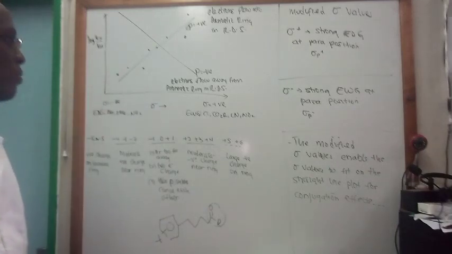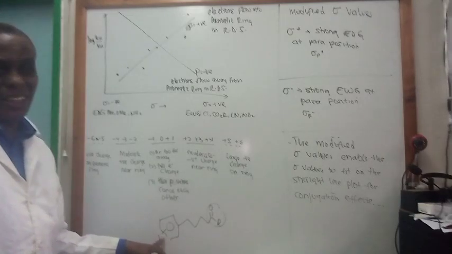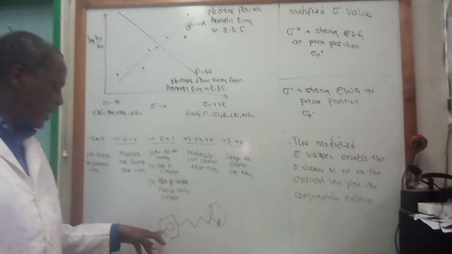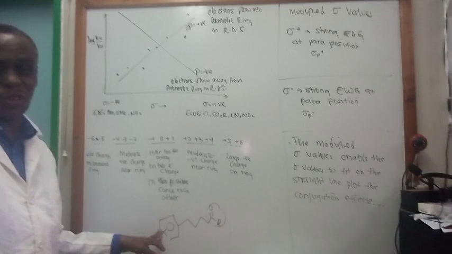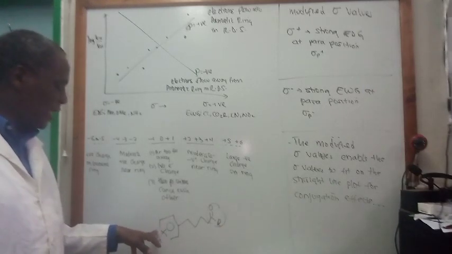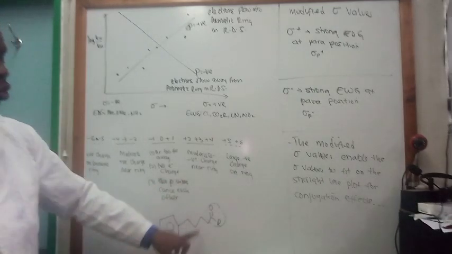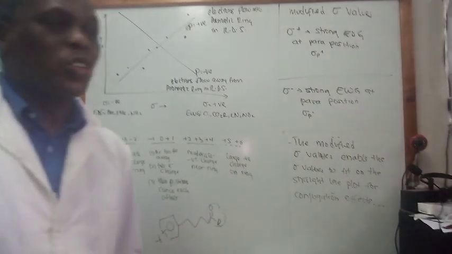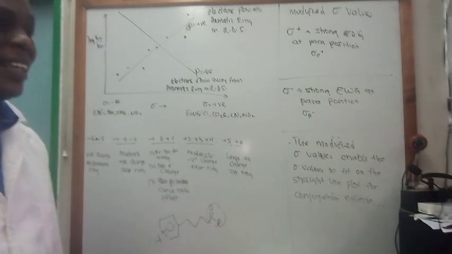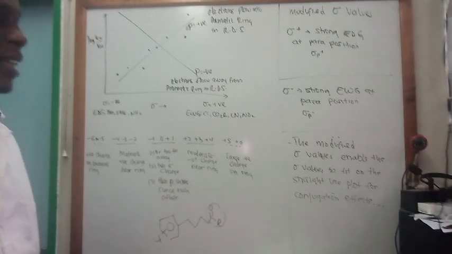What was found is that if the X group is especially attached to the para position, then there is conjugation directly between that group, the way it is donating electrons or withdrawing electrons, and the reaction center. That can cause the sigma value to be much stronger or much less than it would have otherwise been.